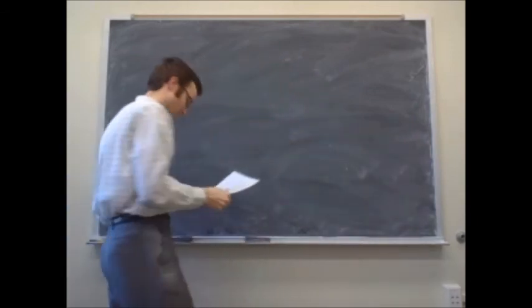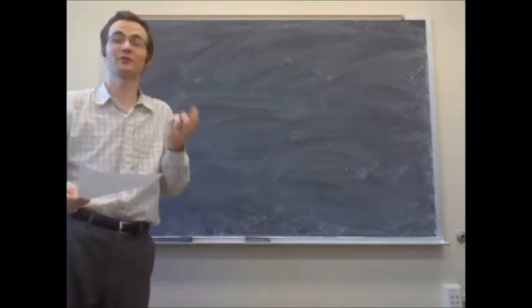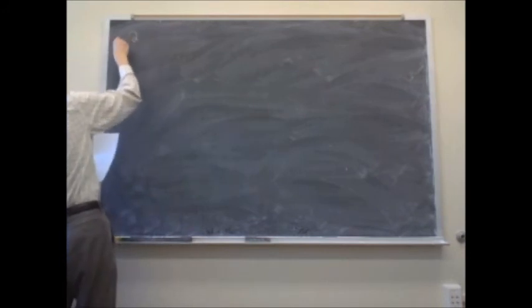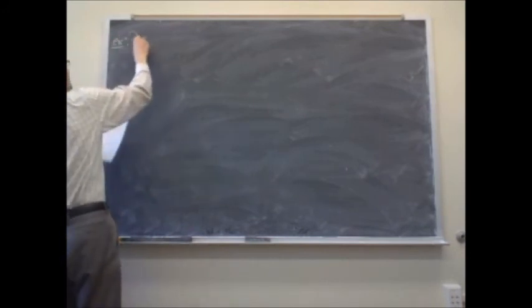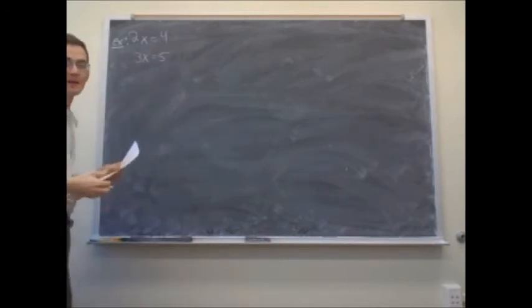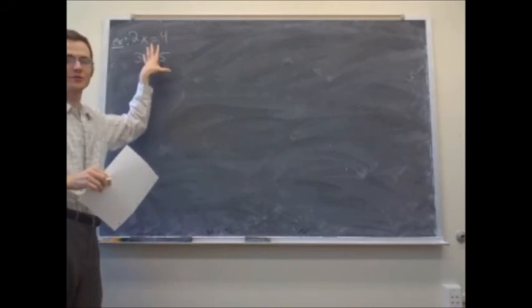All right, so I just wanted to do a really basic example. So let's say we have, mark this as an example, 2x equals 4 and 3x equals 5. If we think about this, the answer should be somewhere between 2 and 3.